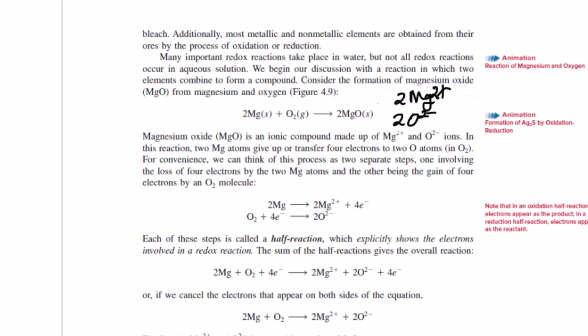But just for comparison, none of the precipitation or acid-base neutralization reactions that we discussed in section 2 and section 3 were redox reactions. So if we look here, this is the net ionic equation for the reaction in aqueous solution between potassium iodide and lead(II) nitrate.